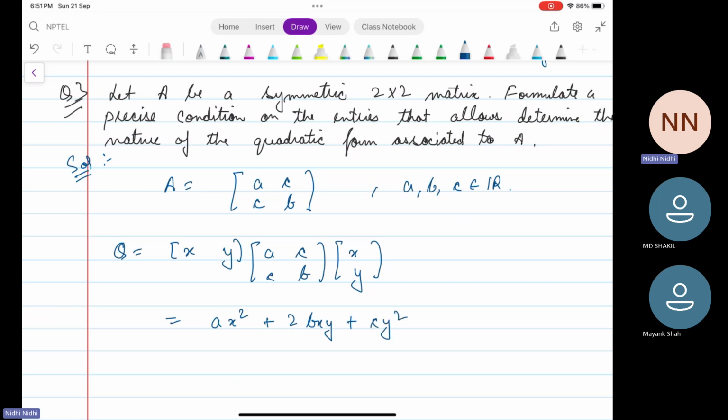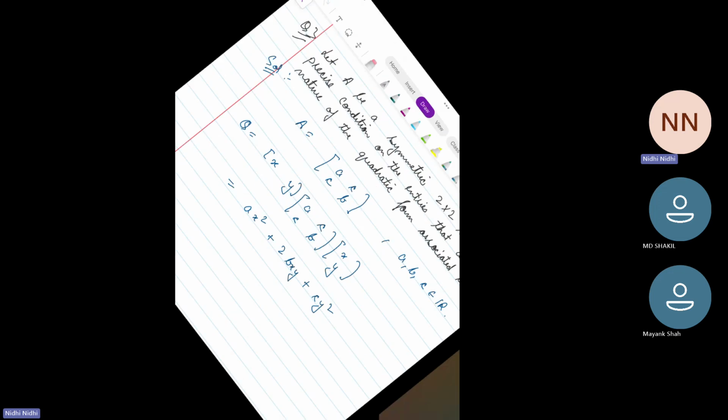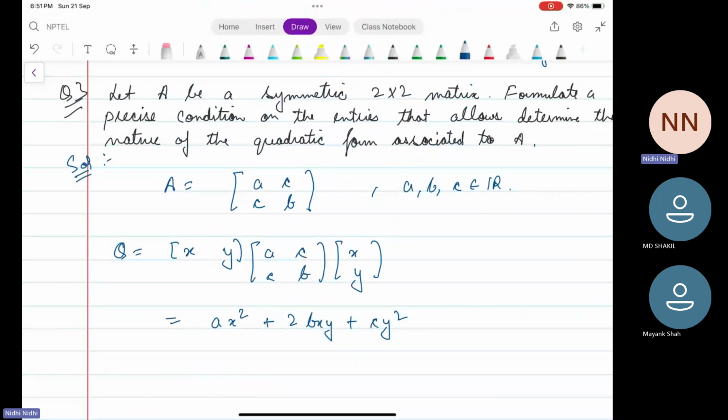Now we want some condition on a, b, and c in order to get this quadratic form to be either positive definite or negative definite. So we can start with the case where this is always positive. So when can we get this Q to be always positive?